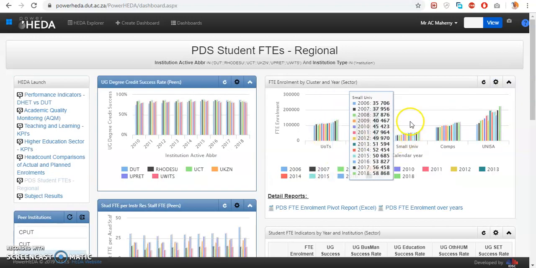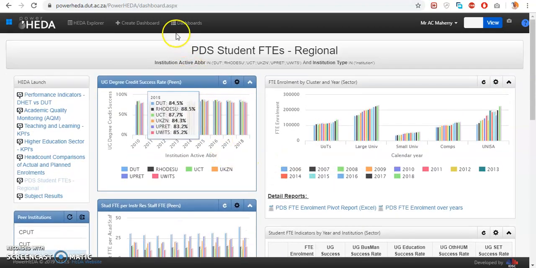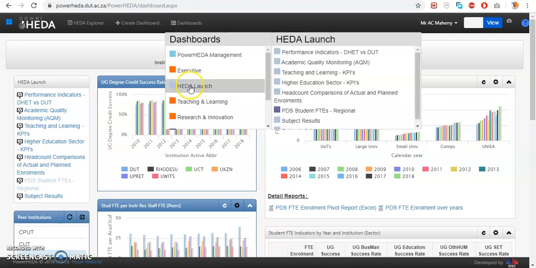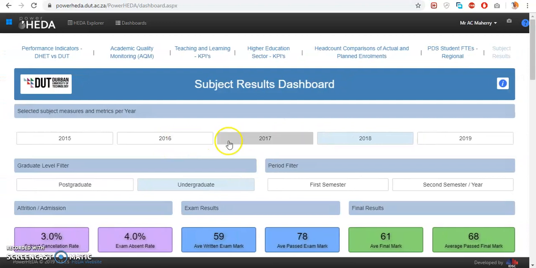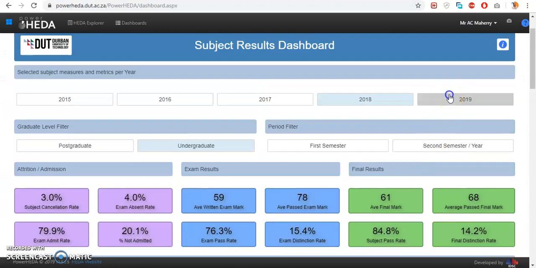So all of this information is available within your PowerHEDA dashboards. There's additional information there, for example, around your subject results that you would be able to go into, where it accesses your live data coming from the ITS system. You would be able to have a look at, say, for example, the 2019 data. You can have a look at your undergraduate data.